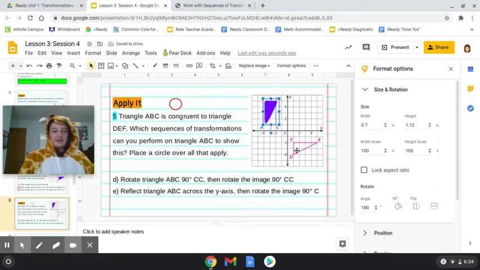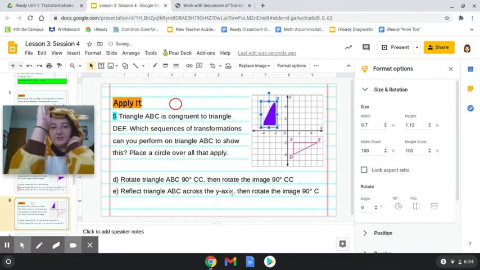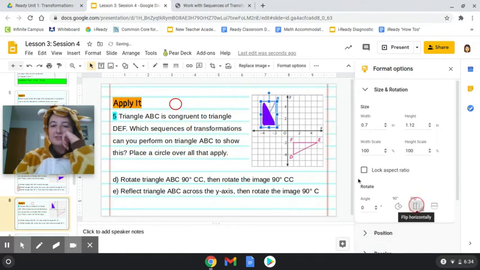And now we have E. So we're going to go ahead and bring that back to how we started. And we're going to reflect across the y-axis, so that looks like this. So we reflect, that it's over here.